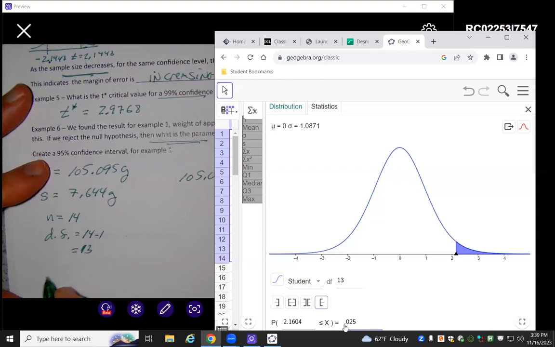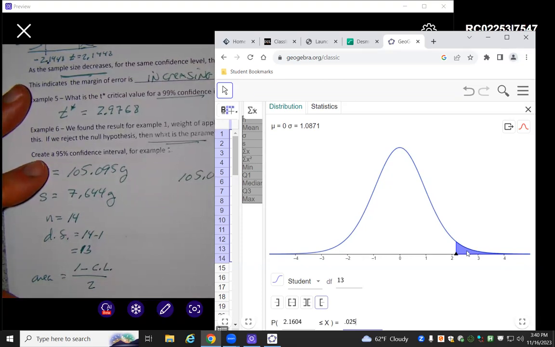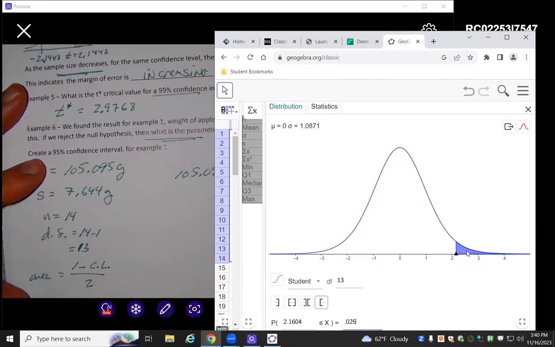But to calculate this upper area, you would do 1 minus the confidence level and divide this by 2. Right, and that's because that's what I've done to get the 0.025 right here. I took 1 minus the middle, and that gave me the sum of the two sides, divide that by 2 to just give me one side. So there's that little formula right there.